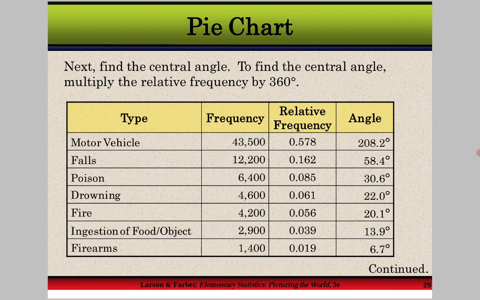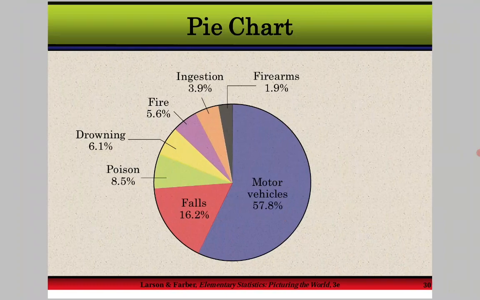The total sum of the angles of the given class intervals should be equal to 360 degrees: 208 plus 58 plus 30 and so on, the sum should equal 360 degrees.